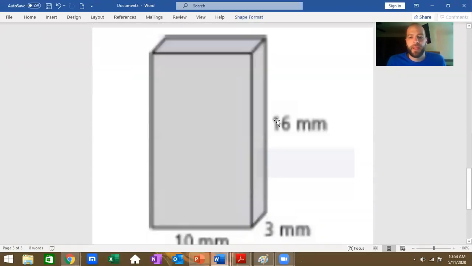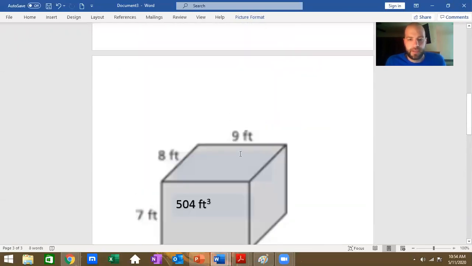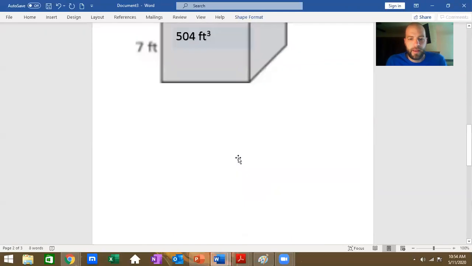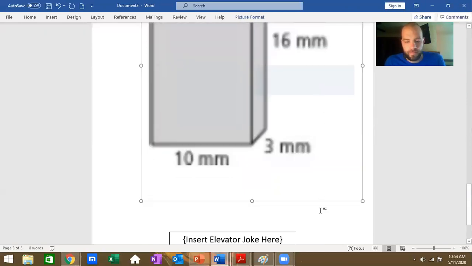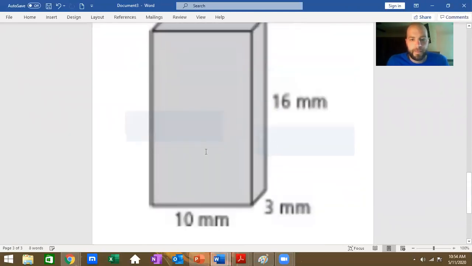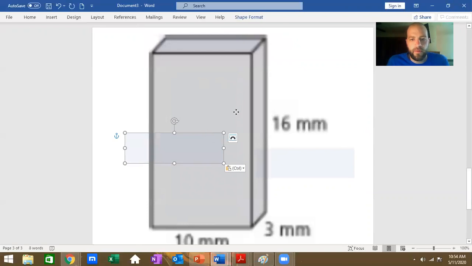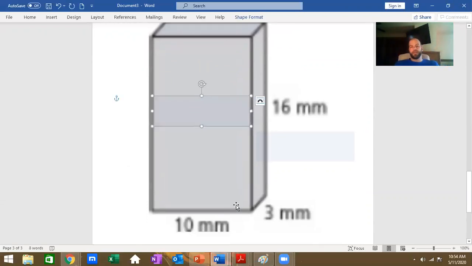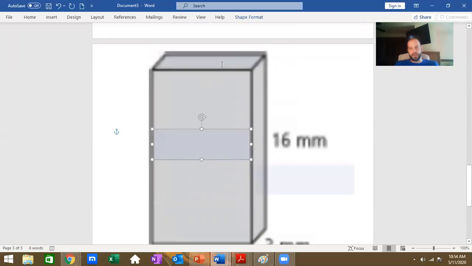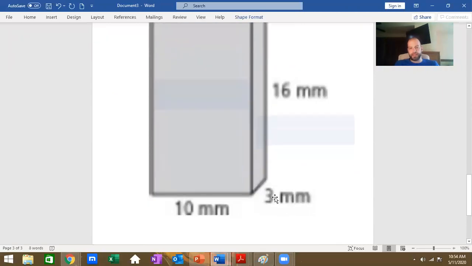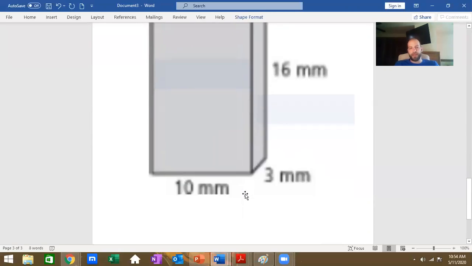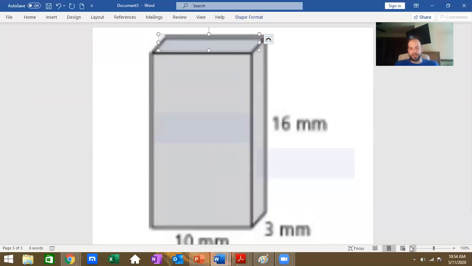Boom, last one. We have 16, so let me steal one of these bad boys. So here it's a little bit different. It's harder to see this base right here, but you can see that it's the same thing as 10 times 3, because the bottom and the top are going to be the same exact measurement.